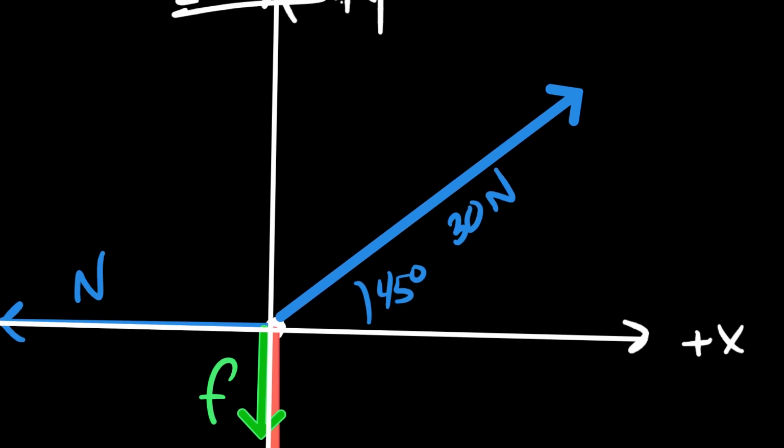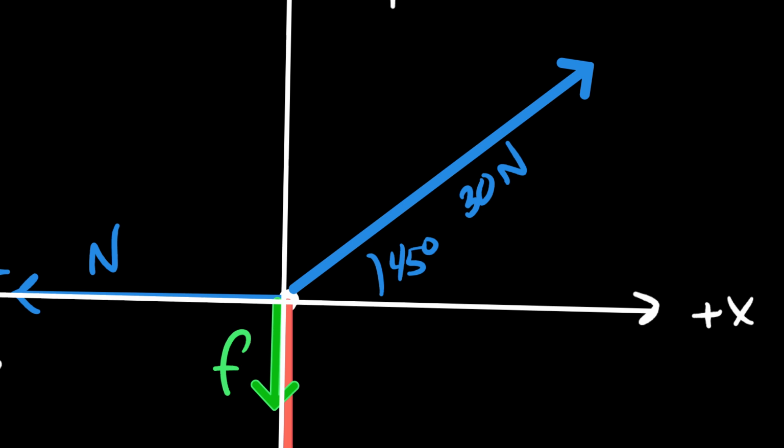I got to take that 30 Newton force and break it up into its components. I clearly see a triangle here. So I'm going to draw components of that triangle. I think I've got a component in this direction and a component in this direction. Do you guys see that? Right? We've done this before.